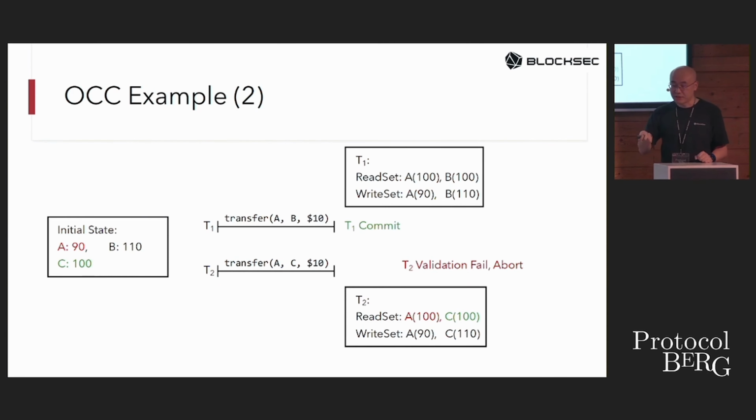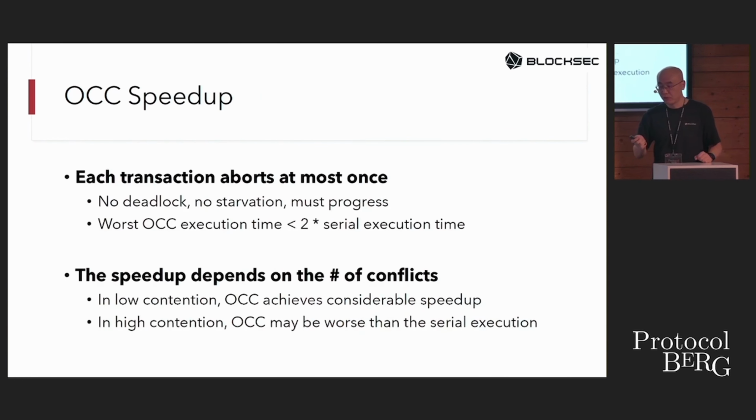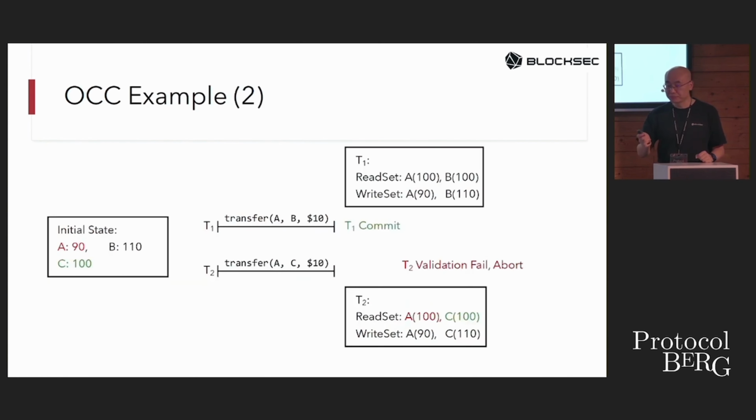So in this case, we cannot directly commit the state changes performed by transaction T2. What we can do is abort the execution of transaction T2 and re-execute it, because when re-executing T2, the state change performed by T1 has been committed, and we have the latest states, right? So we can re-execute transaction T2.